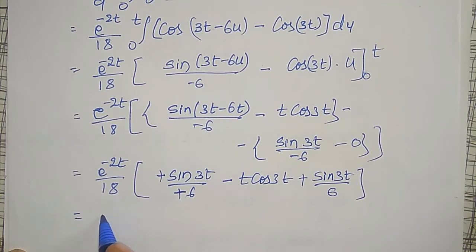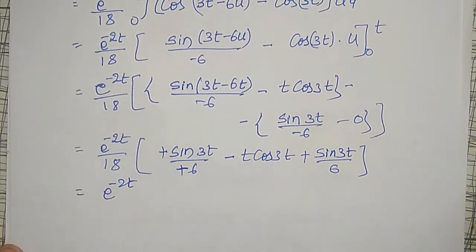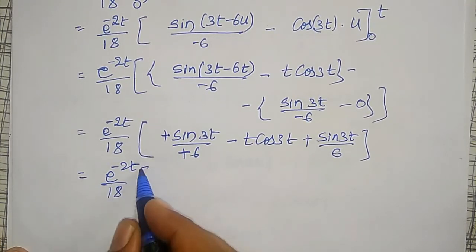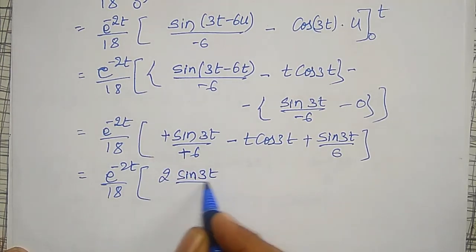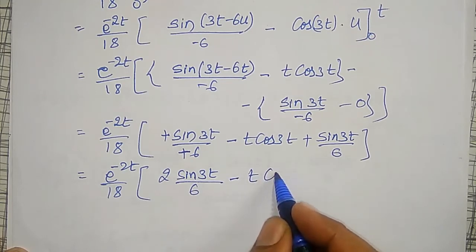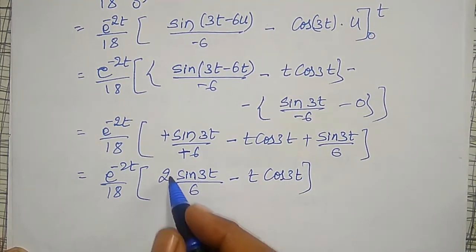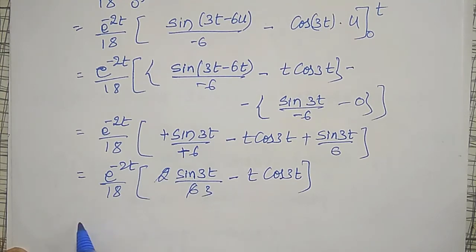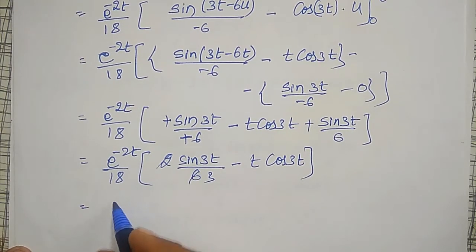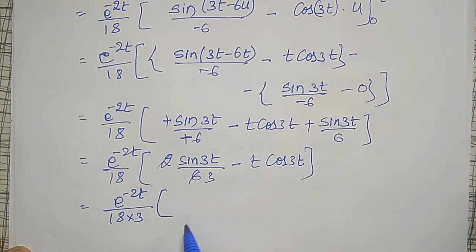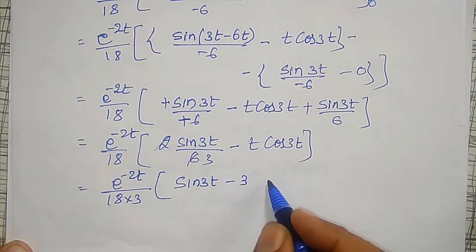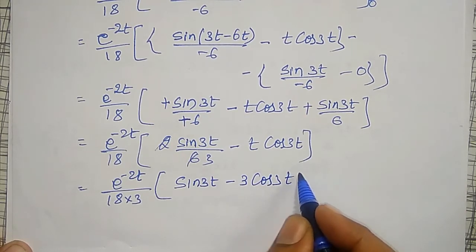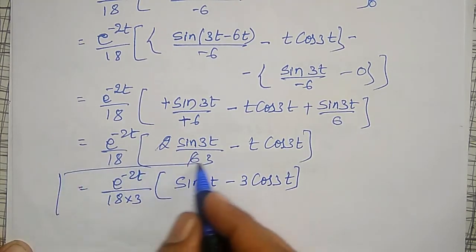This will become e to the power minus 2t divided by 18 into 2 times sine 3t divided by 6 minus t cos 3t, and here 2 ones are 2, 3 sixes are 18. LCM, I will take LCM: e to the power minus 2t divided by 18 into 3 into sine 3t minus 3 is LCM, therefore 3 into cos 3t is the required answer.